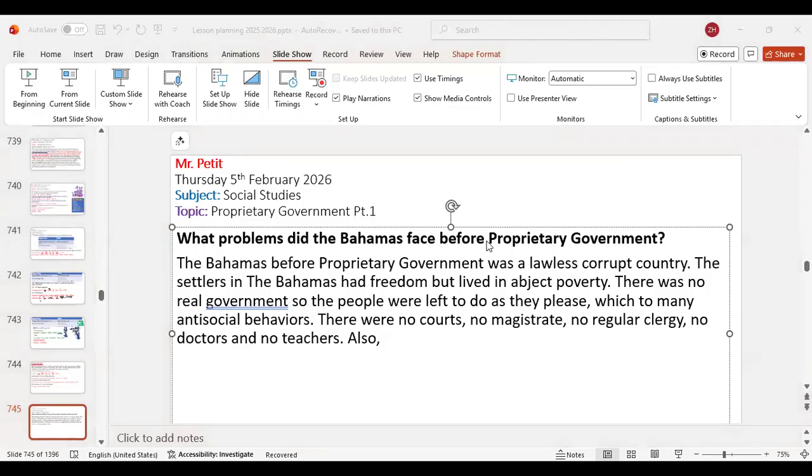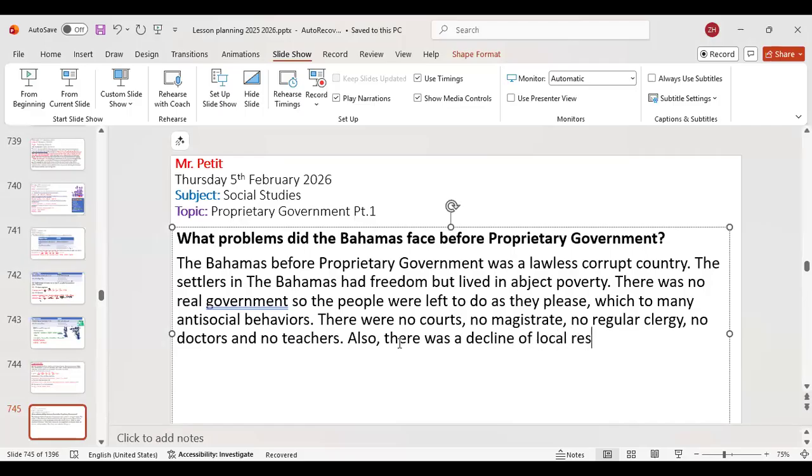All right. Also, there was a decline in what? A decline of local resources. Not just resources.